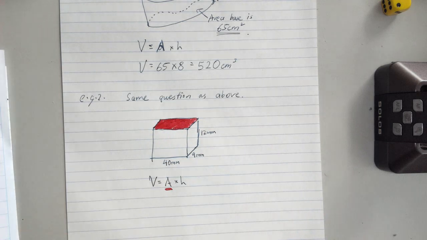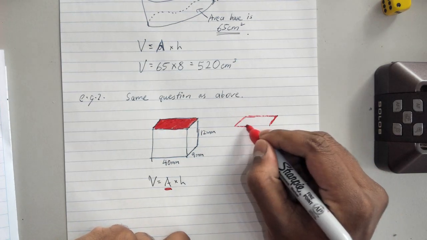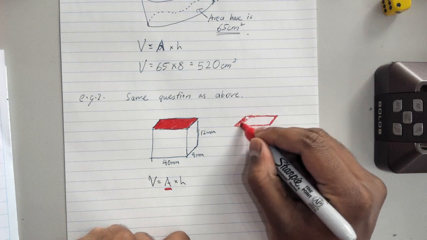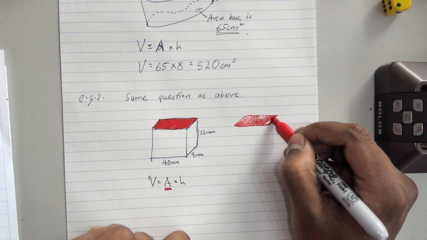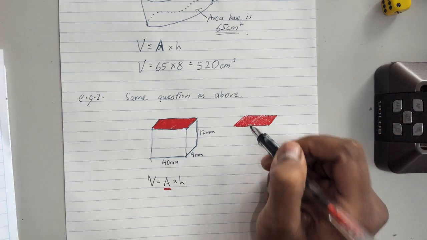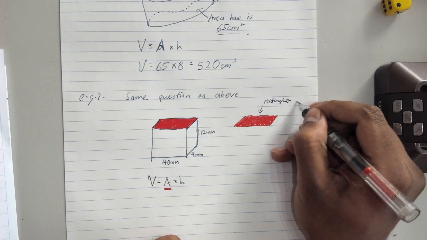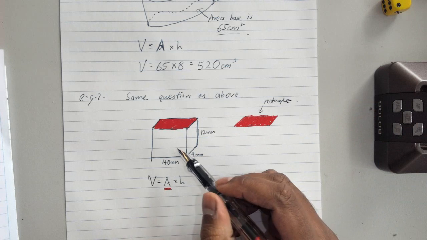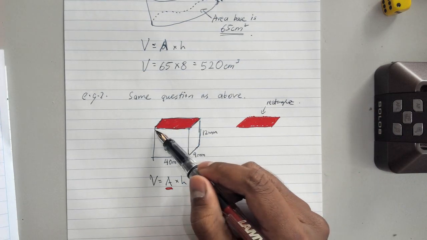Okay, let's take this and put it out there. So it's the same shape. I'm just drawing it here so you can see it. Now this here, it's a rectangle. It looks like a parallelogram, but that's because of how it's drawn; in real life it is a rectangle.